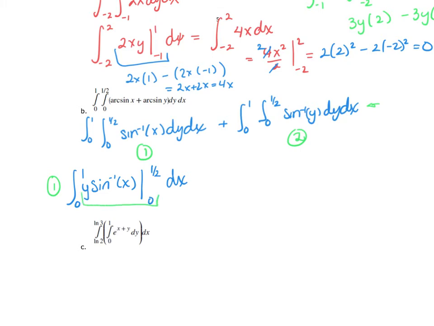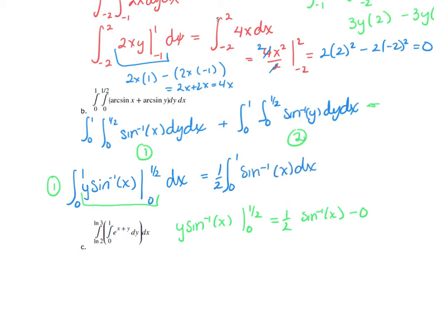So I have y times the sine inverse of x evaluated from 0 to 1/2. Because my x is a constant, I'm putting in 1/2. So it'd be 1/2 the sine inverse of x minus 0. So this is going to equal the integral from 0 to 1 of 1/2 the sine inverse of x dx.